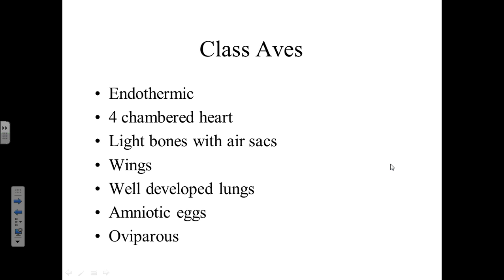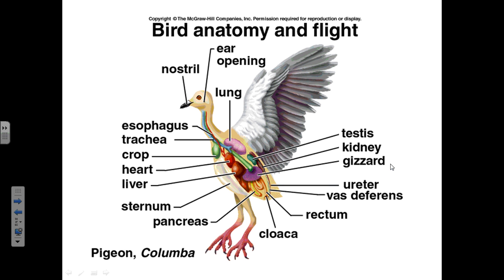They lay eggs outside the body. A lot of the organs that you have two of, they only have one of. So what are they trying to do by doing that? Cut weight so they can fly. But other than that, most of the organs they have are the same ones we have. There's a couple of exceptions, but most of the parts are very similar to what we have.